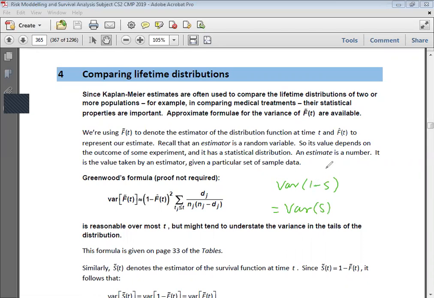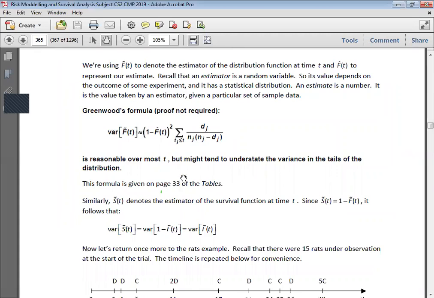Here you will have the variance of 1, which is 0, and the variance of minus S. The constant can come out as (minus 1) squared and so on. So basically you conclude that this is the variance not only for F but also for S. So you will use the same variance, and this is given on page number 33 of your table booklets.